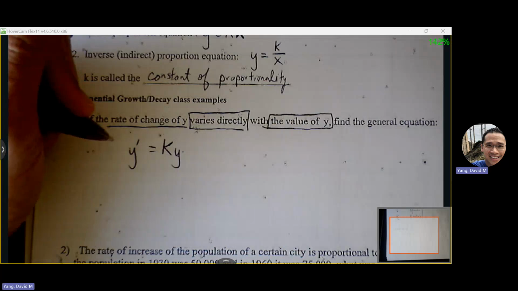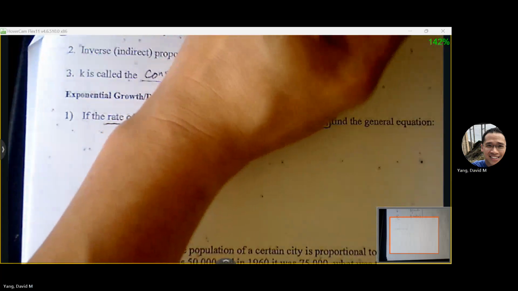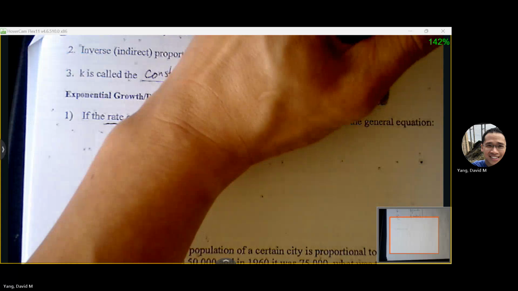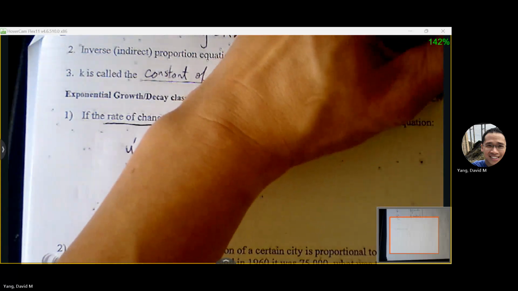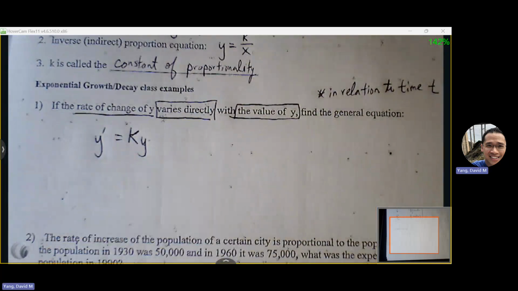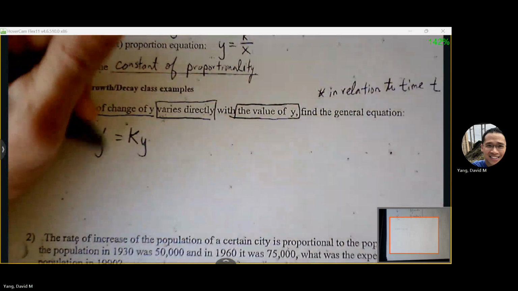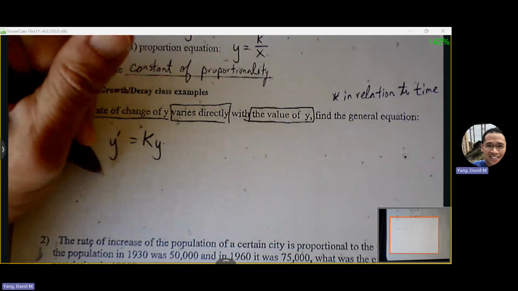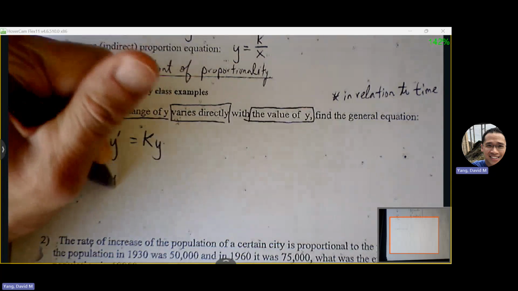Now all these problems are in relation to time. So instead of x, we're going to use t. All right, so we're going to have y and t here. So t will replace our quote unquote x. So y prime is, before we would say dy over dx, but now it's going to be dy over dt.